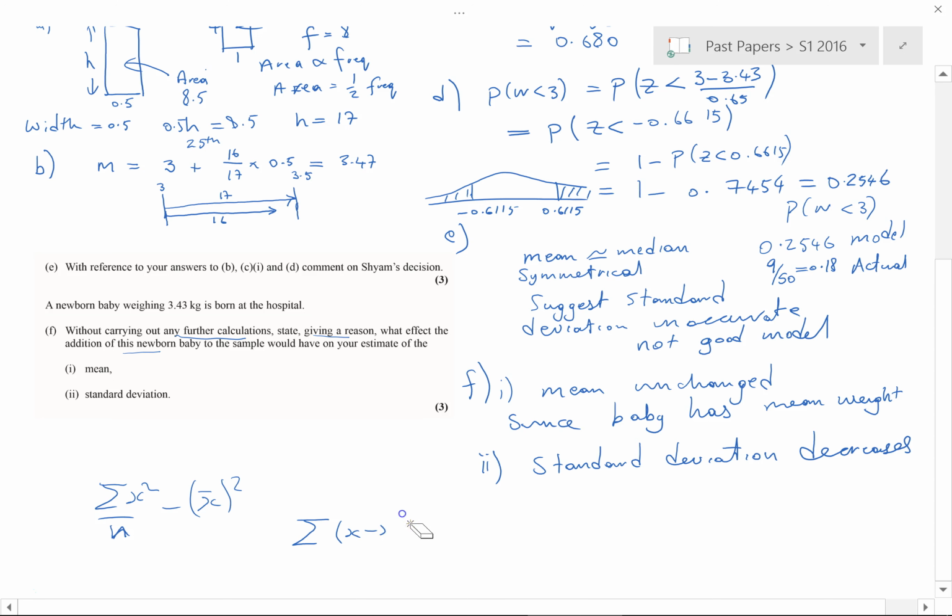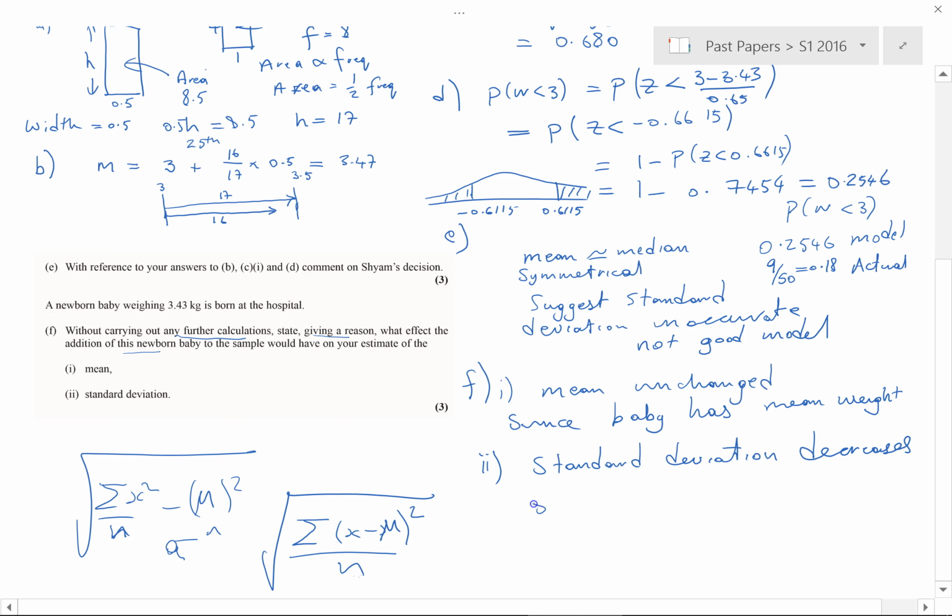x minus mu, I shouldn't really use x bar in this context, but it doesn't matter. So the sum of x minus mu squared over n, that's the variance, and the standard deviation is the square root of that. So the sum of the squares of the deviations is unchanged, but the number has increased.